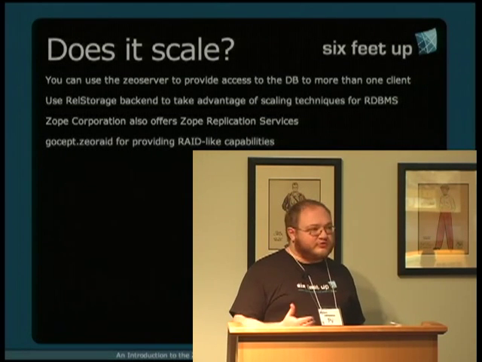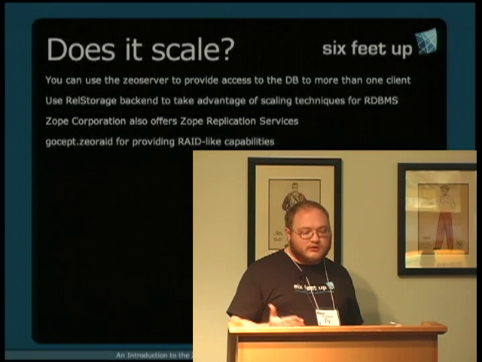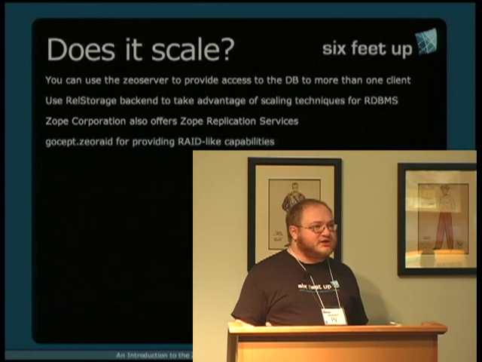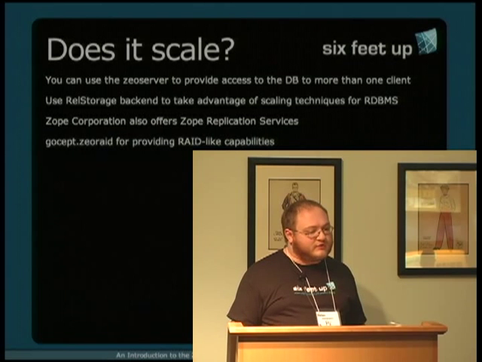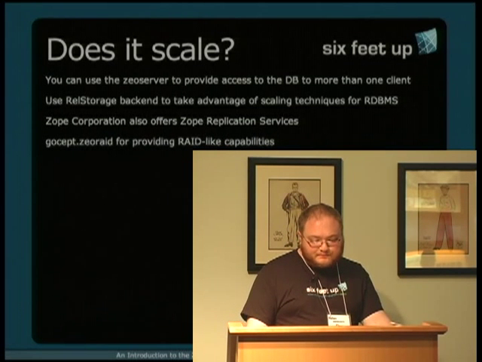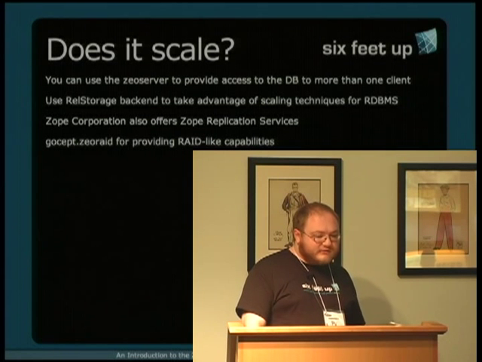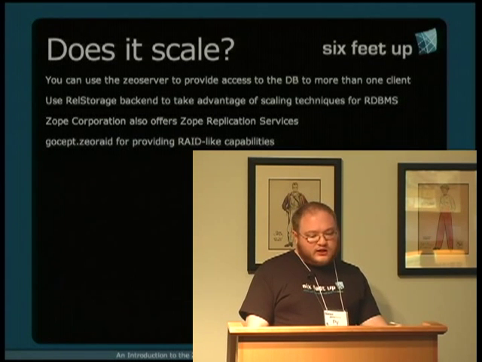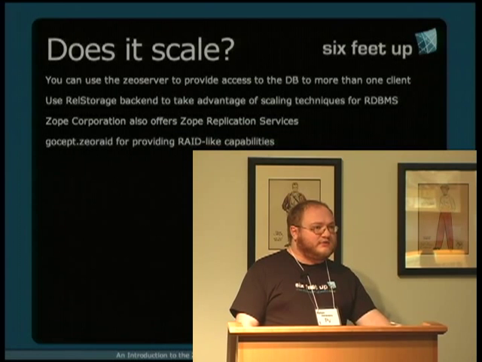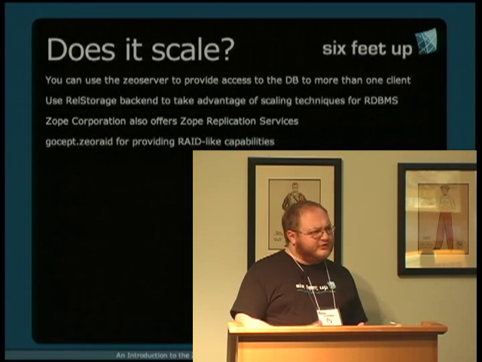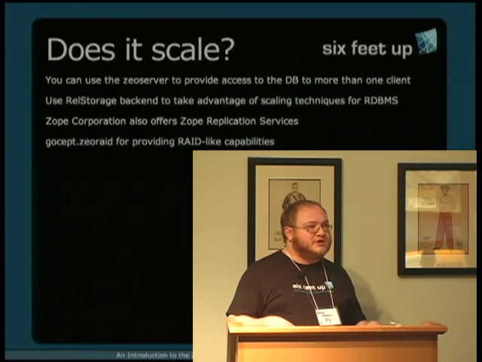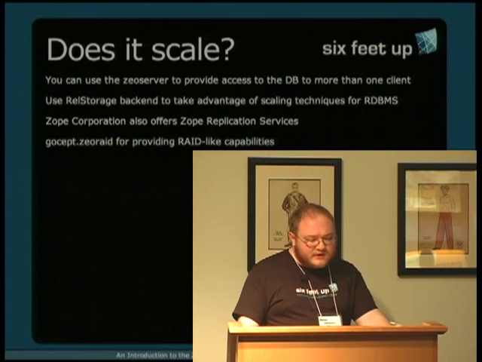So if you want to store your stuff in Postgres, you can put the Postgres databases behind a PgBouncer, or pooler, or whatever, and use that. The Zope Corporation that created this also offers a commercial Zope replication service so that ZODB instances or ZEO servers can replicate between each other, and you can have multiple instances.